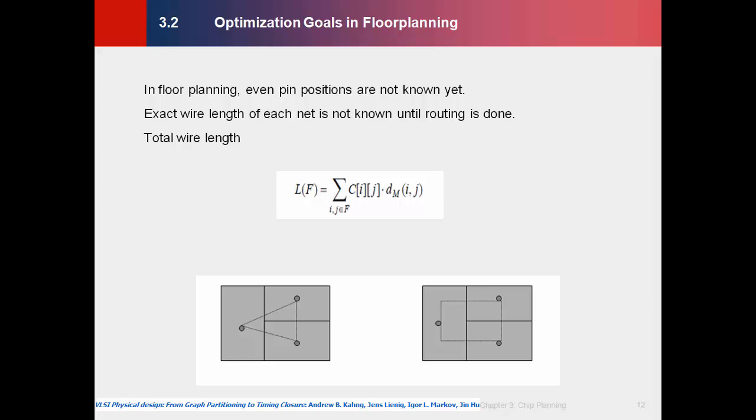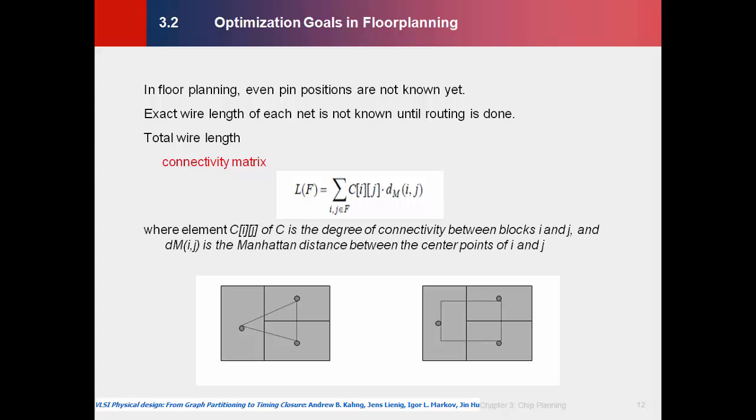So what designers usually use is an estimate of the floor plan called the center to center estimate. We know the blocks, and we know the interconnections, and we know how many connections there are between the blocks, so we represent that by a connectivity matrix Cij, where each element in the matrix specifies the number of connections between blocks i and j.